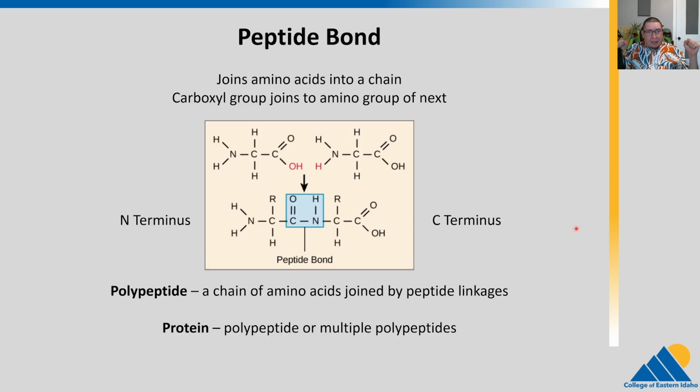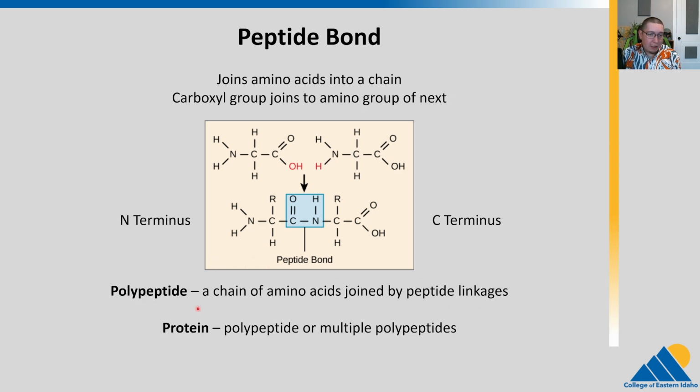When we stick together amino acids, we start building what we call a polypeptide. A polypeptide is a chain of amino acids joined together by a peptide linkage. So when we take one amino acid and stick it onto another, we're building a polymer. It's a dehydration synthesis reaction. We call that a peptide bond. It joins them together. And when we get many amino acids stuck together, we call it a polypeptide.